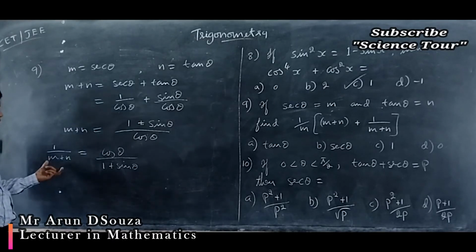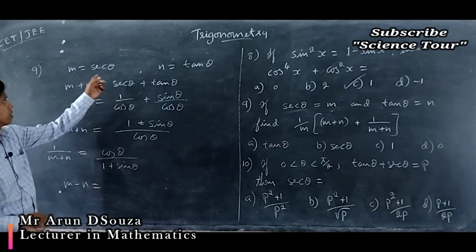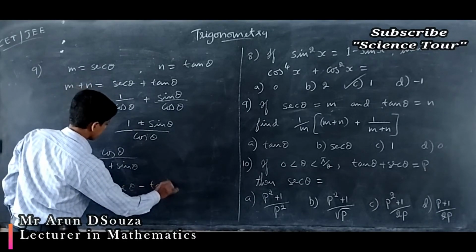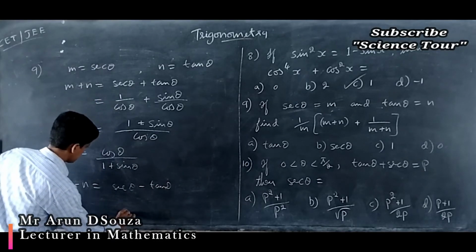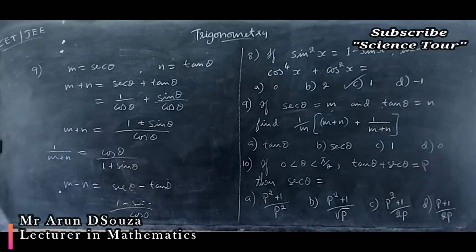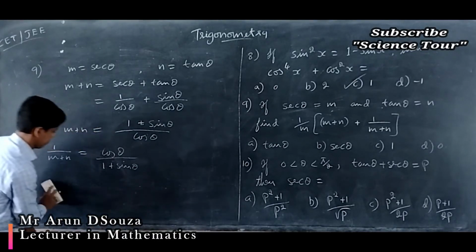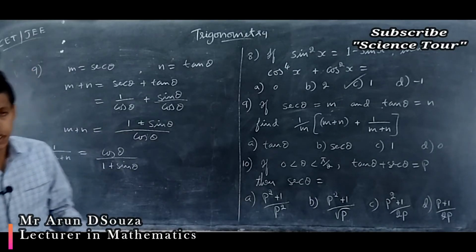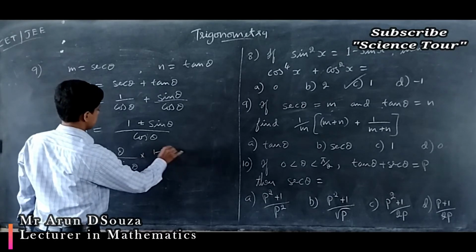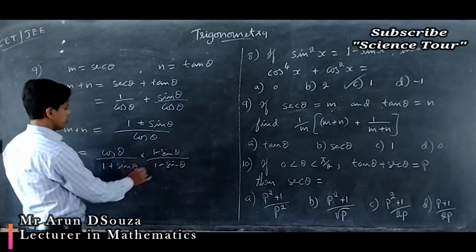So next, what is secant minus tan. So that is like cos and 1 minus sine, correct? 1 minus sine. So what I'll do here is multiply and divide by 1 minus sine.